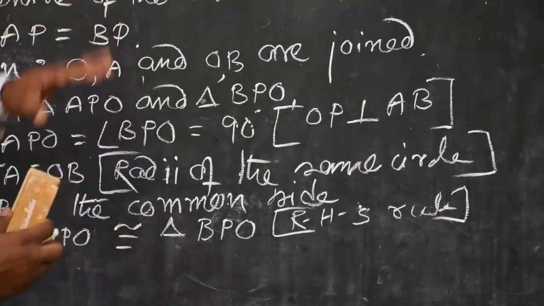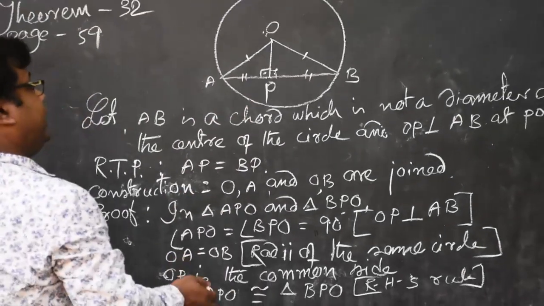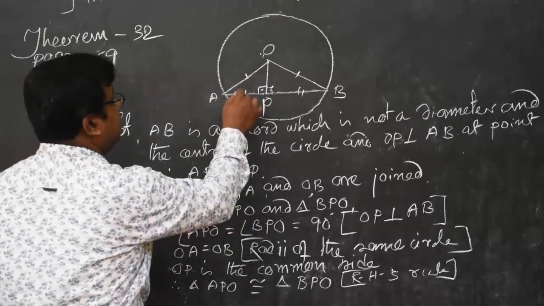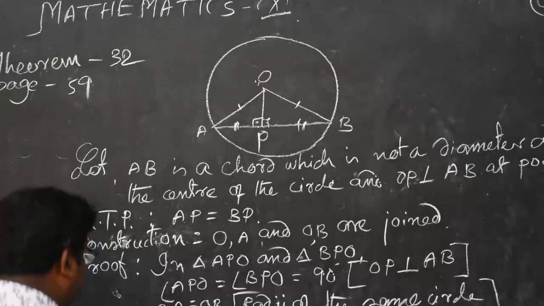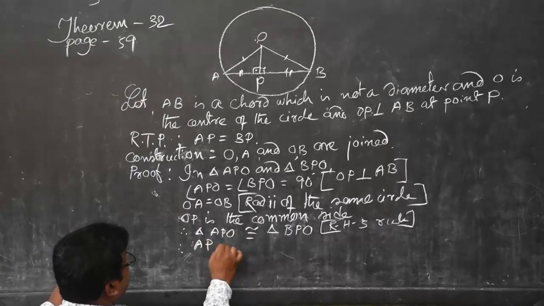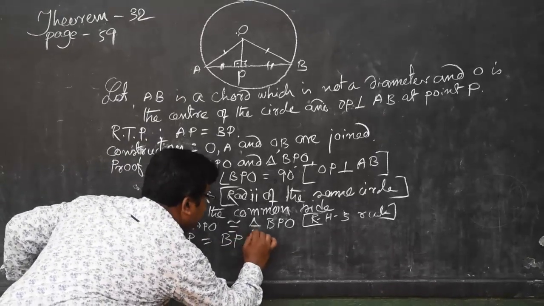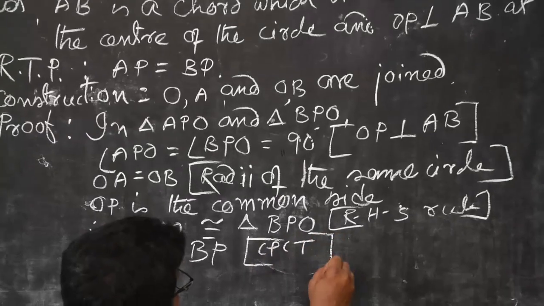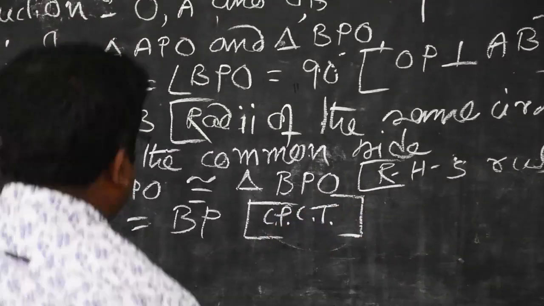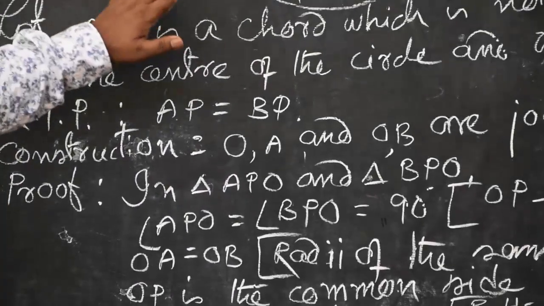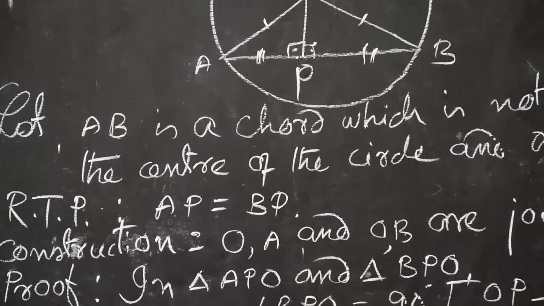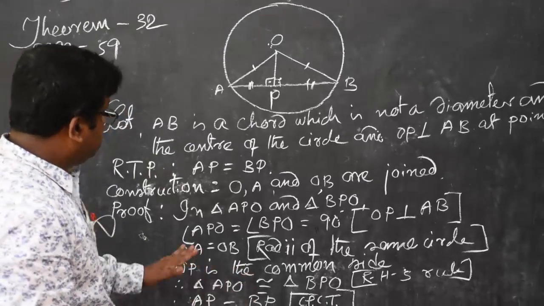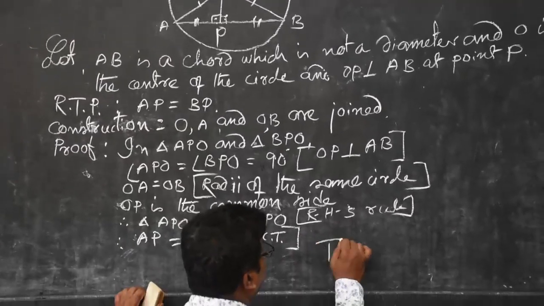Since the triangles are congruent, according to the CPCT rule, AP equal to BP. Here you have to write CPCT, corresponding parts of congruent triangles. When two triangles are congruent, then the corresponding parts will be equal. According to this rule, AP equal to BP. Okay, so the theorem is proved. You have to write here proved.